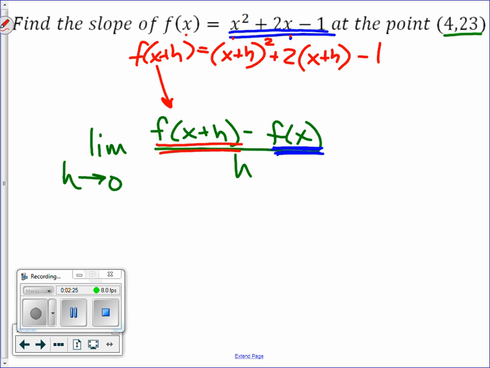Now I will tell you, having done this for 10 plus years, most people make two mistakes. The two most common mistakes I see. The first mistake is that people will do this for that first term instead of putting the parentheses like they should.